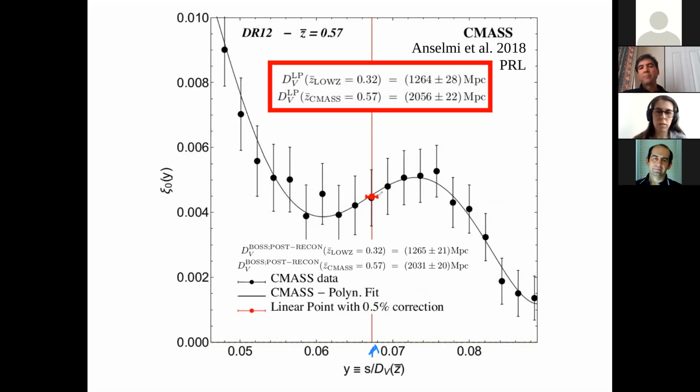And from fitting with a polynomial, you can get this linear point. Okay. And from fitting with the polynomial, you can get its error bar. And so this now compares our measurement of this linear point for the distance scale with the one of the collaboration once they had done their reconstruction. Okay. Right. And so it's straightforward to do.